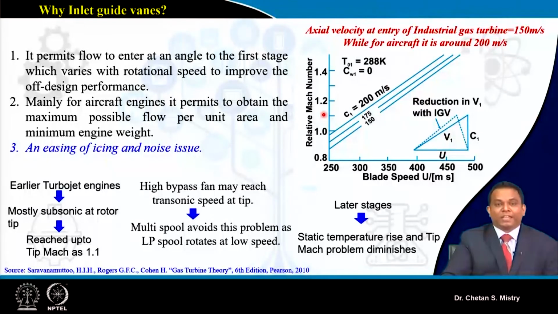So roughly, for industrial compressors or industrial gas turbines, the axial velocity is counted as 150 meter per second, and for aero engines, the axial velocity is counted as 200 meter per second.